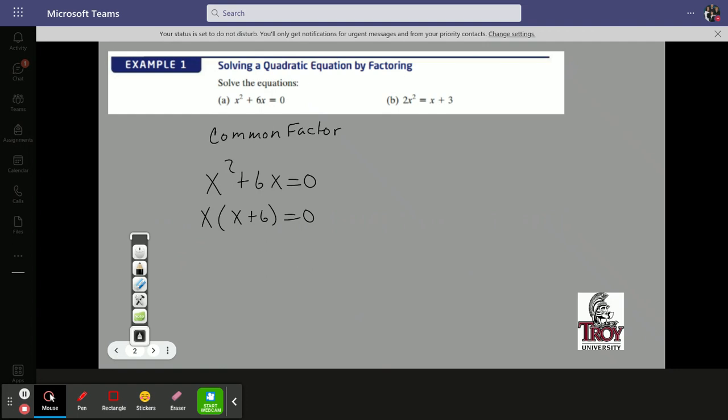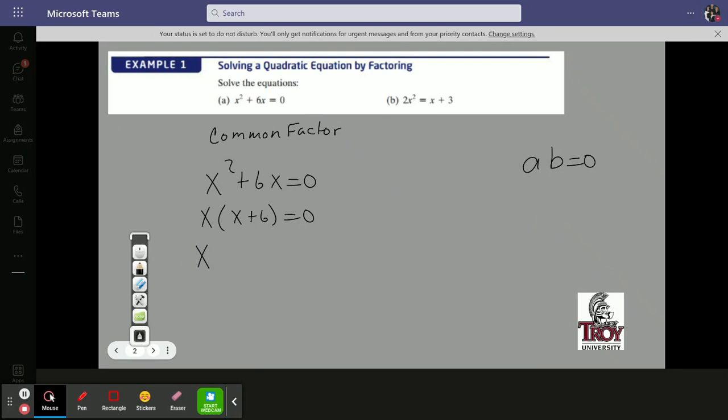equals 0. Okay, now no matter how long you've done quadratics, everybody, we still have a problem with taking that last step. Because you're not done yet. You don't know what your answers are yet. You have to set both of those equal to 0. If I have A times B equals 0, what do I know about A and B? Somebody's got to be 0, right?